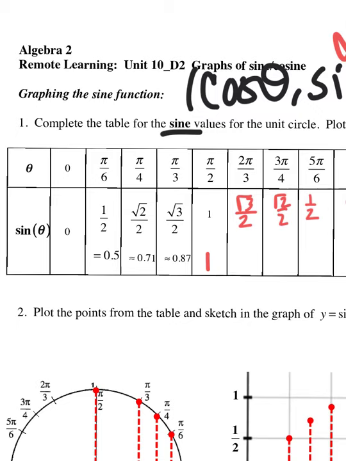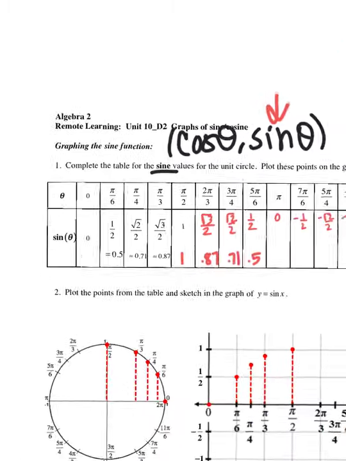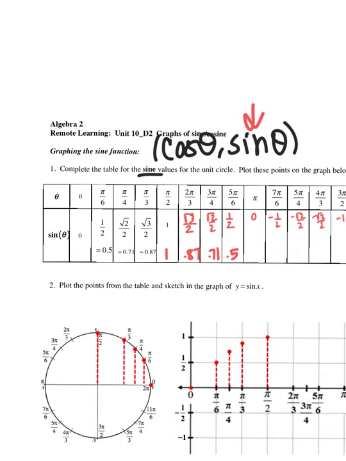So I know that this is about 0.87, root 2 over 2, I did that for you there, 0.71, 1/2 is 0.5, and I want you to continue through that table.